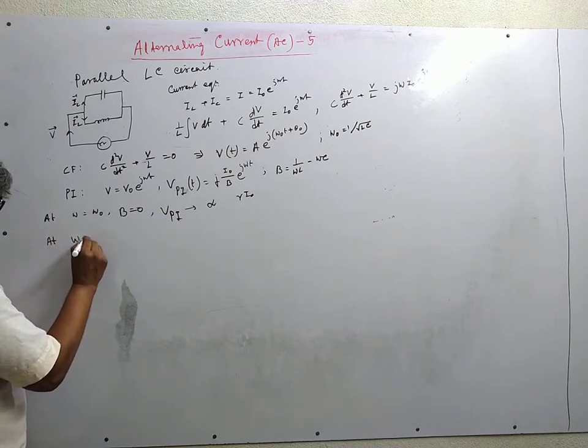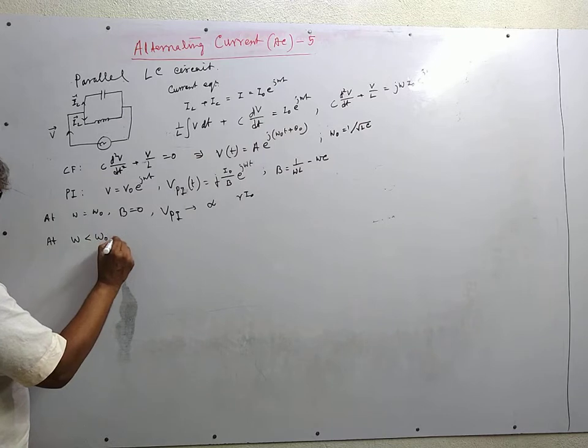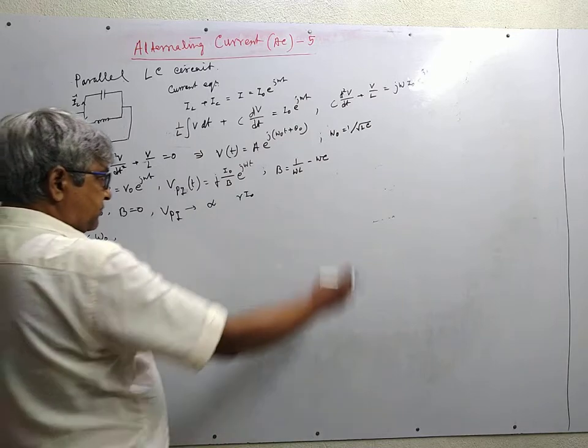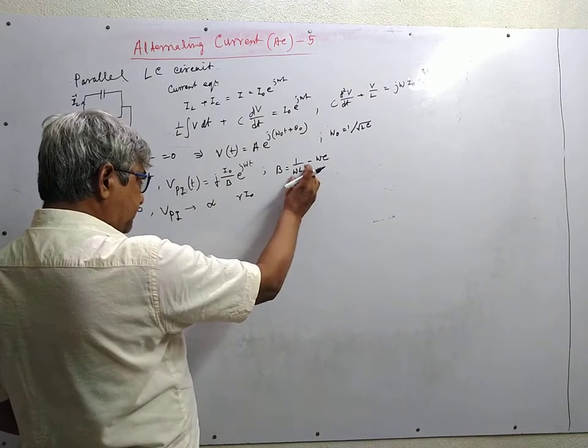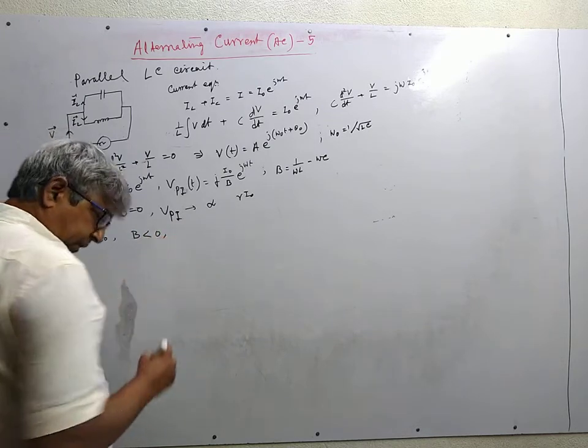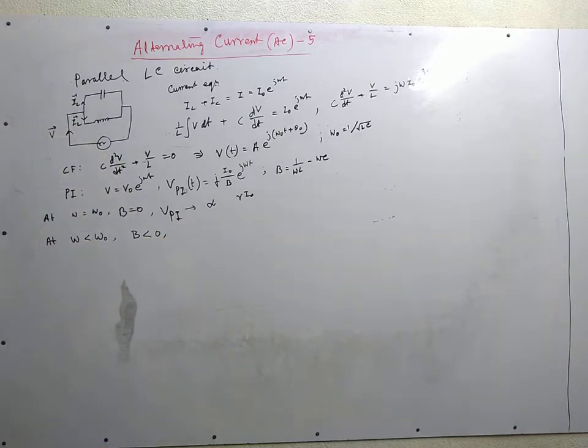At omega less than omega 0, this part is larger and this part is smaller, so B is negative. B is negative at omega less than omega 0.